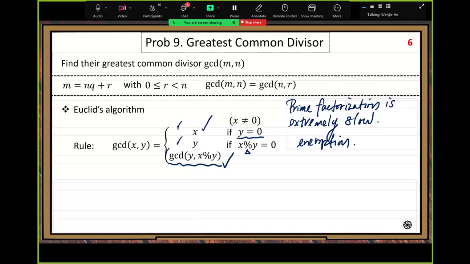For us, we want to get our computation result as fast as possible.